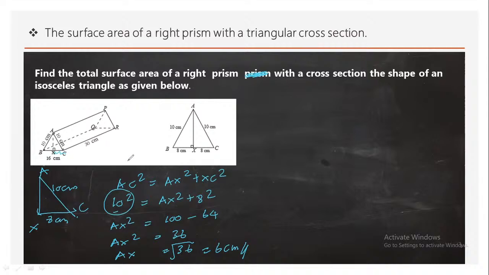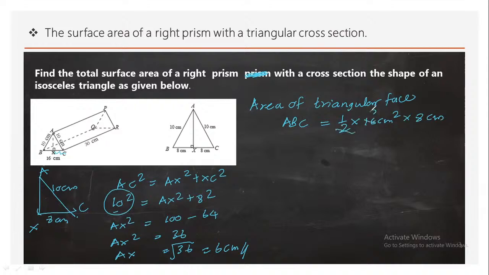Right? Then the area of the triangular face ABC is half into base into perpendicular height. Base is 16, perpendicular height, sorry, I have to write 6 here.